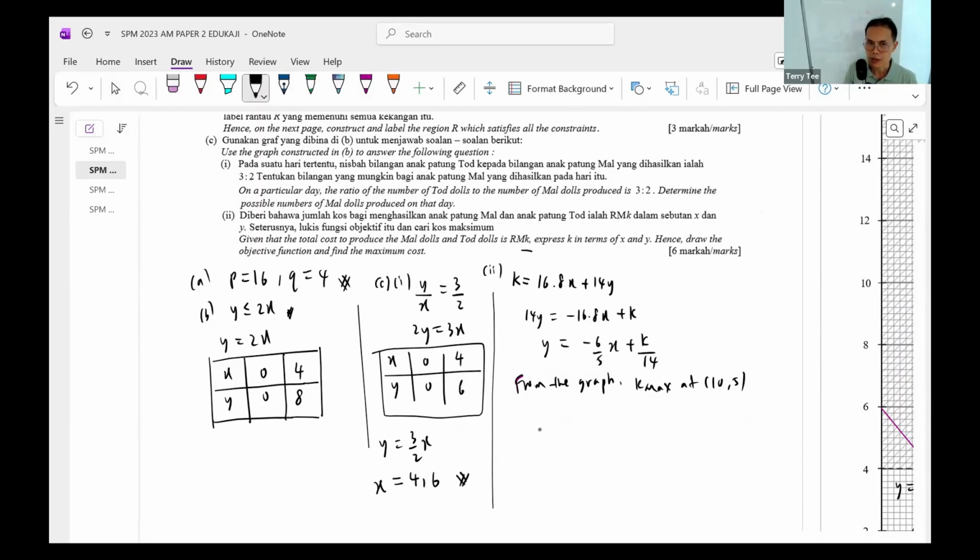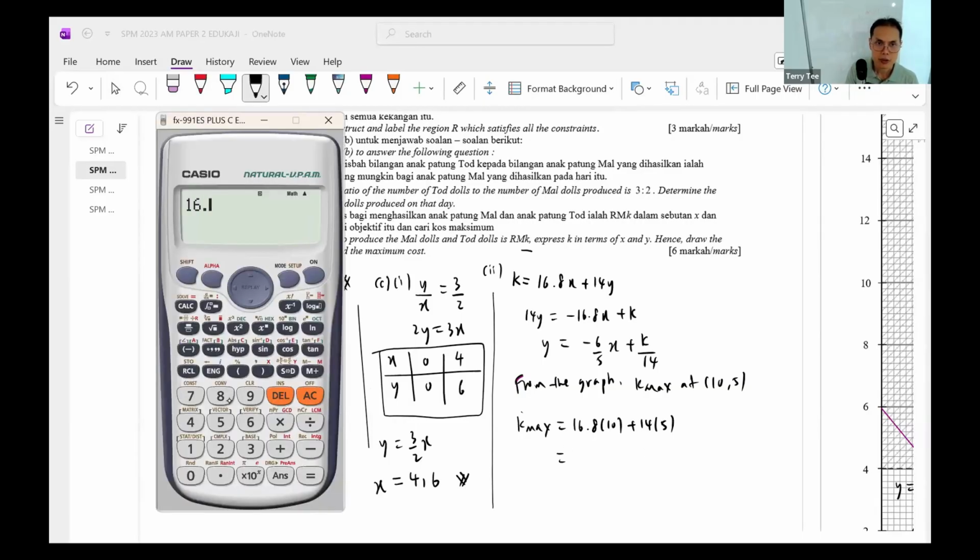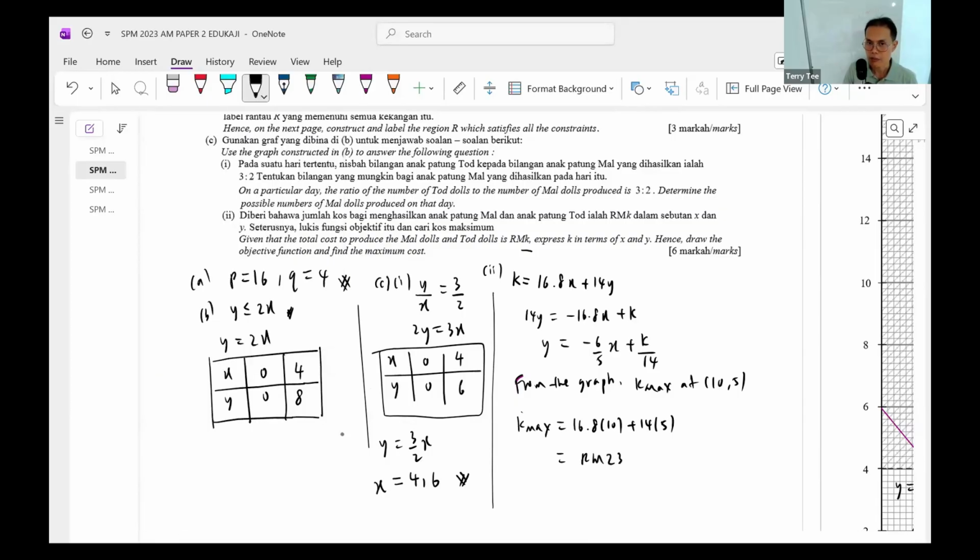So take (10, 5) and substitute it into your k. Your k max will be 16.8 times 10, plus 14 times y, where y is 5. This is the maximum cost: 16.8 times 10, plus 14 times 5. I got 238. Yeah, the maximum cost is RM 238.